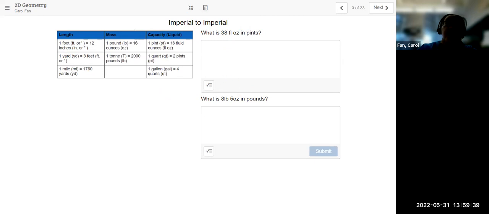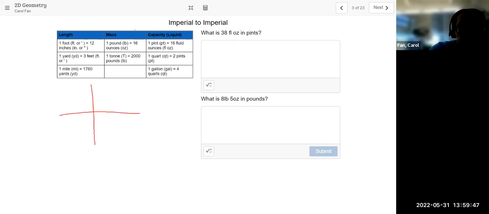We're going to create a ratio instead. And when we create a ratio, it's like we have what I call a magic square.